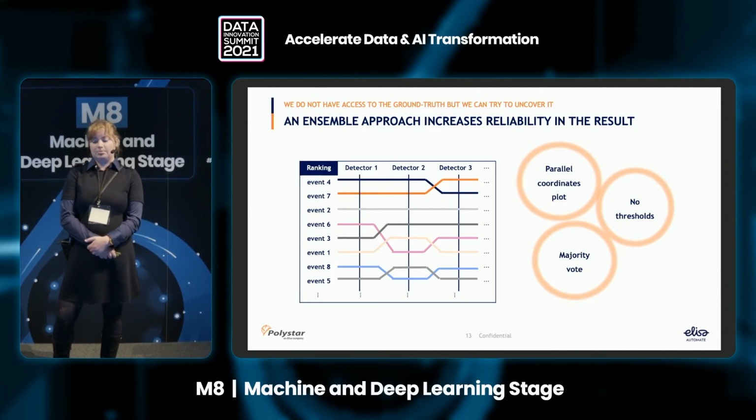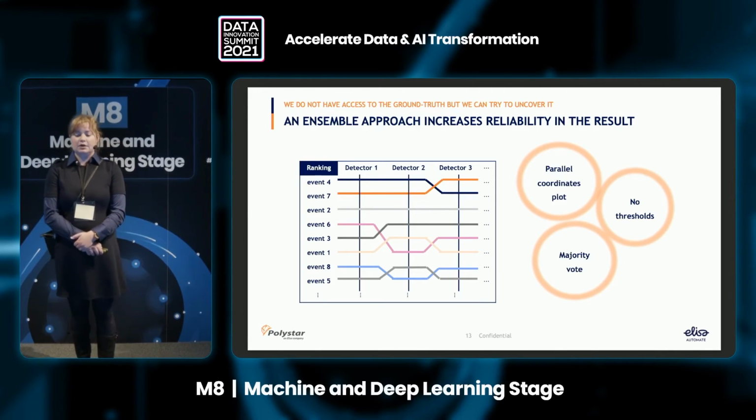We can skip that if we just look at the rankings. From ensemble learning, we could also use a majority voting strategy, if we want to further process the information from this parallel coordinates plot to get just a single final ranking.